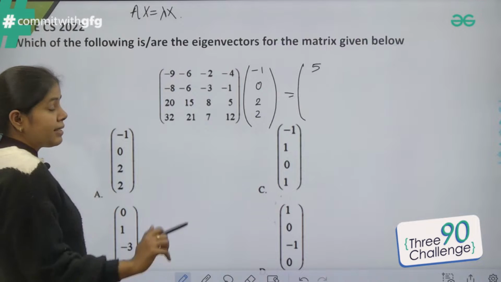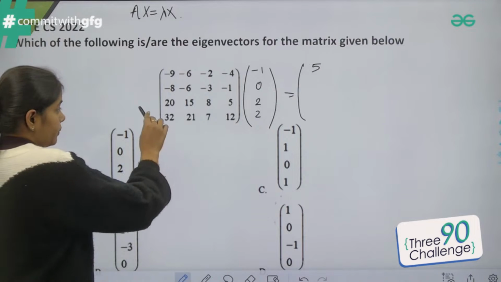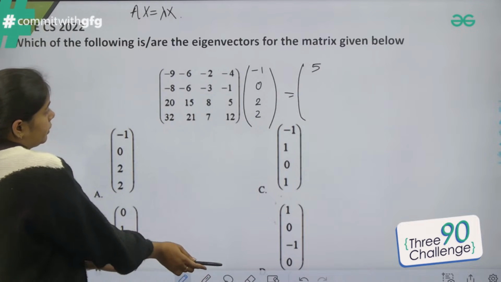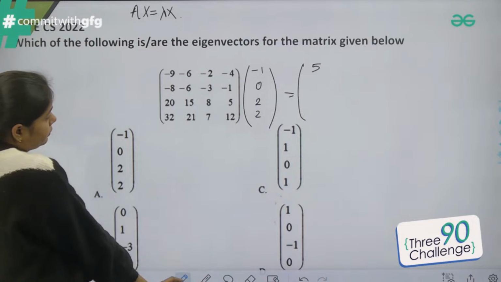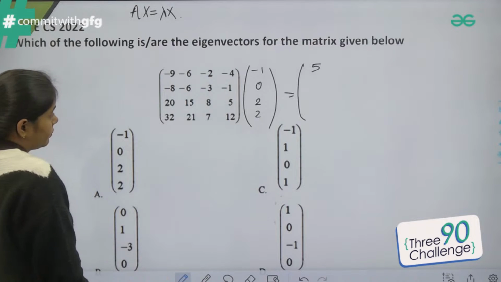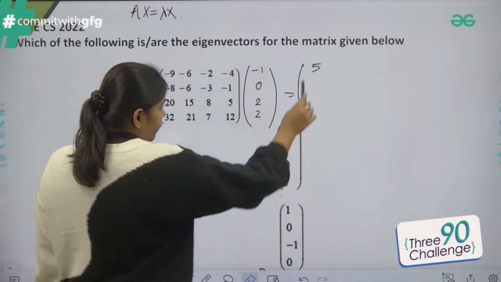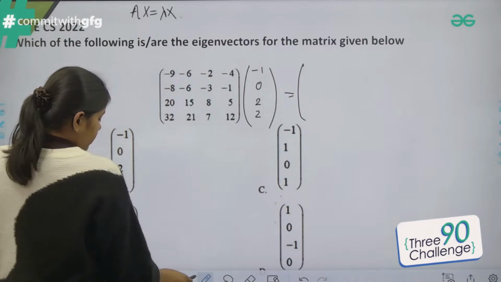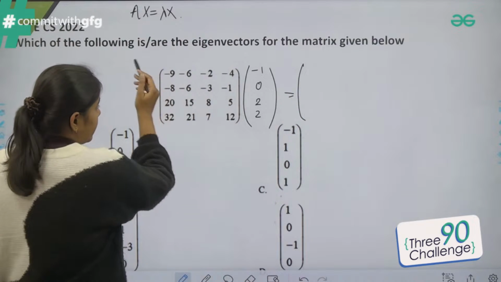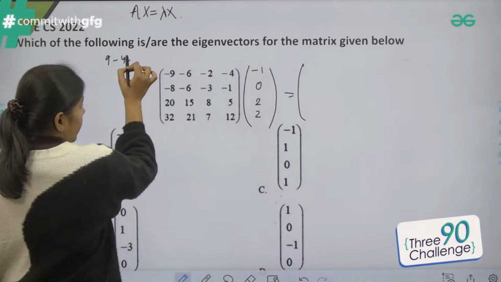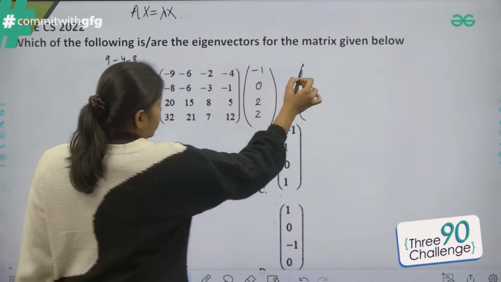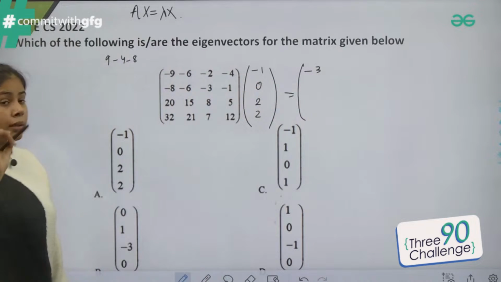Guys, check the calculation. Okay, it would not be 4. Let me see what the calculation would be. 9 minus 4, and that would be minus 8. So that would be minus 3. Sorry, that would be minus 3.